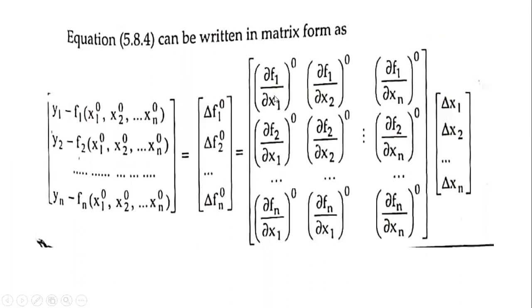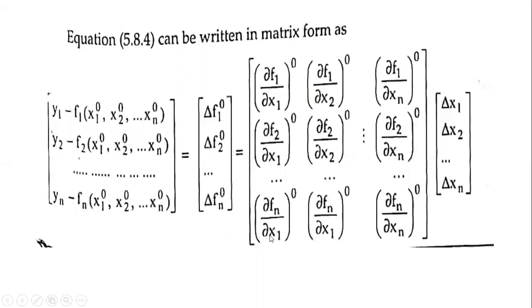Next, dou f1 by dou x1 whole power 0, dou f1 by dou x2 whole power 0, dou f1 by dou xn whole power 0. Next, dou f2 by dou x1 whole power 0, dou f2 by dou x2 whole power 0, and so on dou f2 by dou xn power 0.